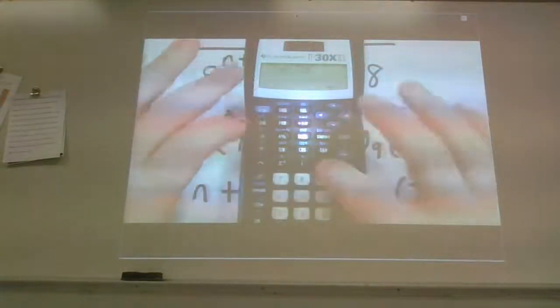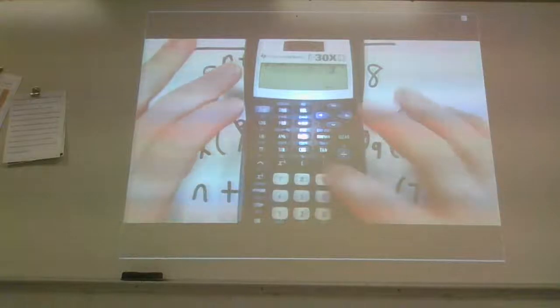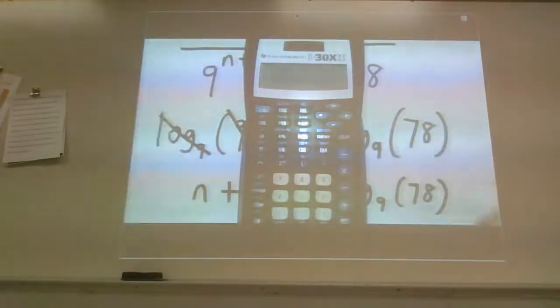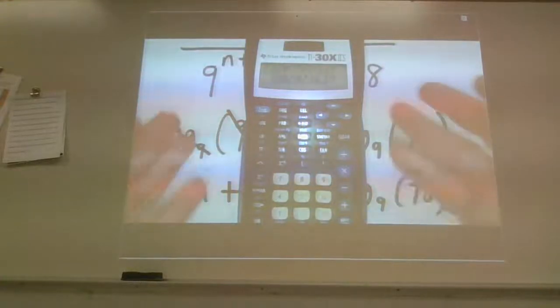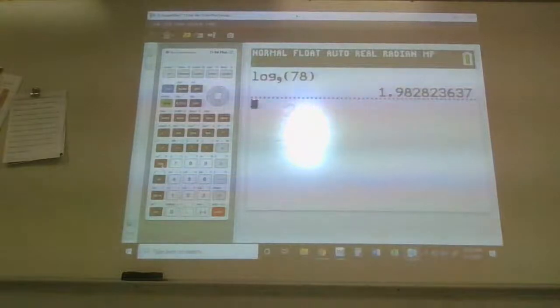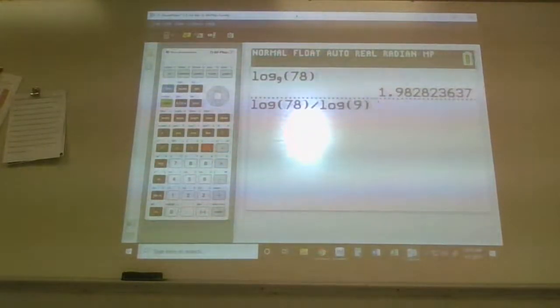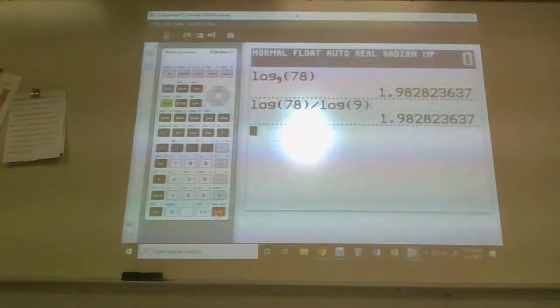Log of 78 divided by log of 9 gets me that decimal that I needed. You can do that on these scientific calculators. Log of 78 divided by log of 9. Same exact decimal.